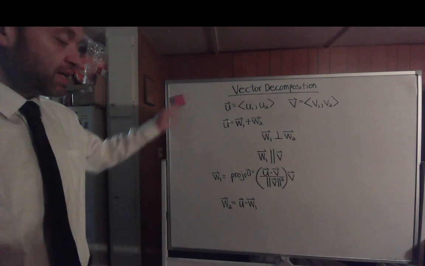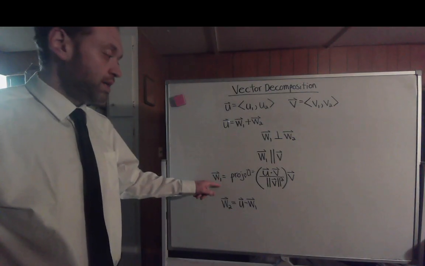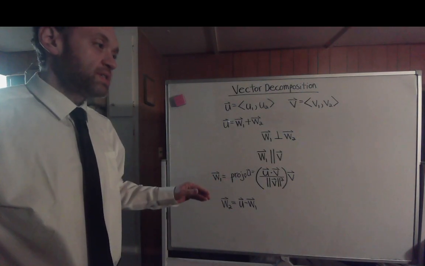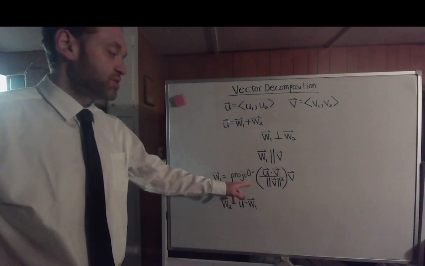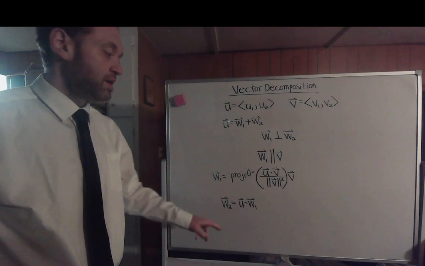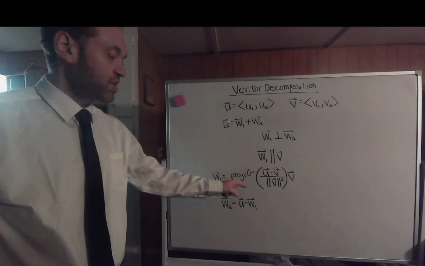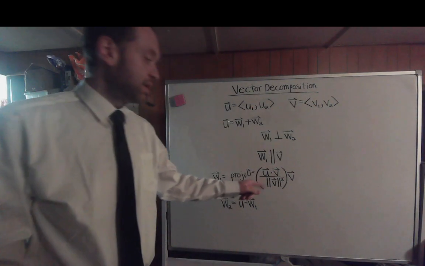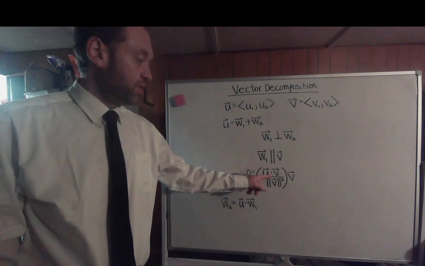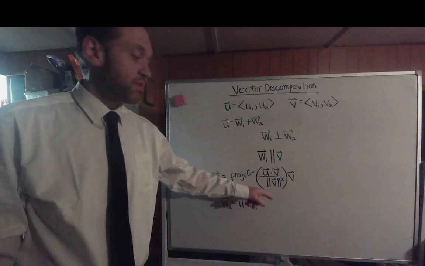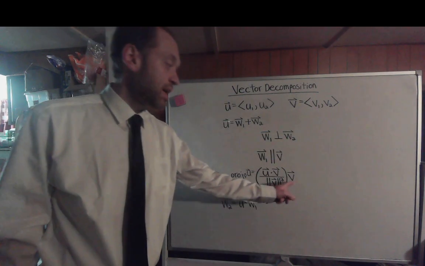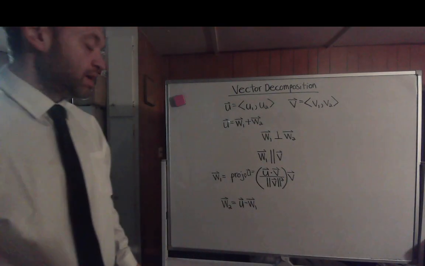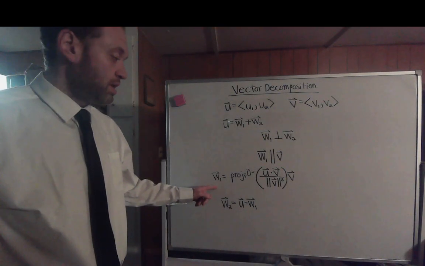So to find vector w sub 1, what is called for is taking the projection of vector u onto v. That's given by the formula: the dot product of u and v divided by the magnitude of v squared, times vector v. That's vector w sub 1.